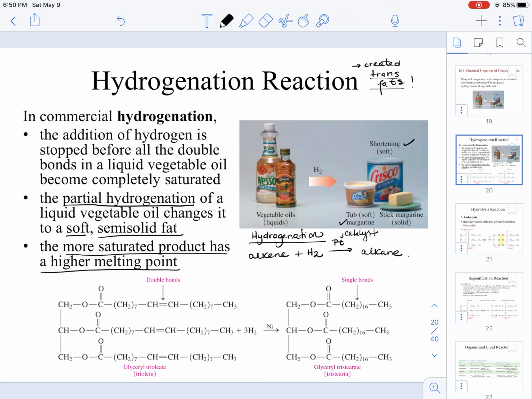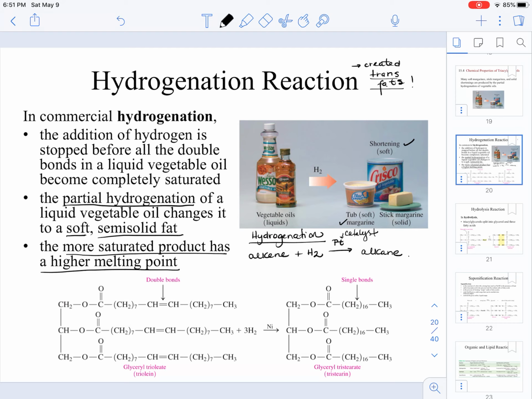So maybe some of you have heard that trans fats are not good for you. And the reason why they're not good for us is because we don't have the enzymes to actually process them. So what happens is that they tend to be accumulated in the body, and they at times are going to be triggering the production of some other molecules that are not good, like increasing our levels of cholesterol.